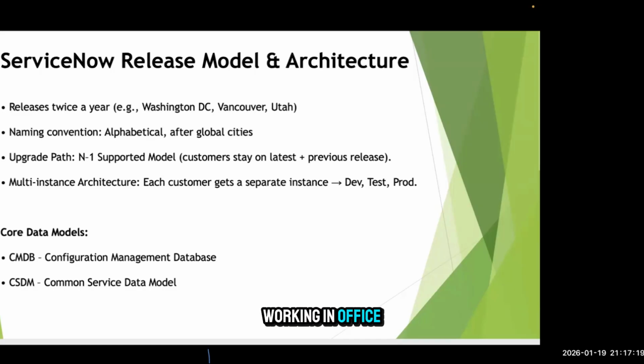If I'm working in the office, there are relationships between these, and I have a Microsoft 365 license. What is my unique ID? The relationships between the IT assets that I own as a person in the company, that is what CMDB is all about. Every company has their CMDB data because it's basically about the digital assets that we own.